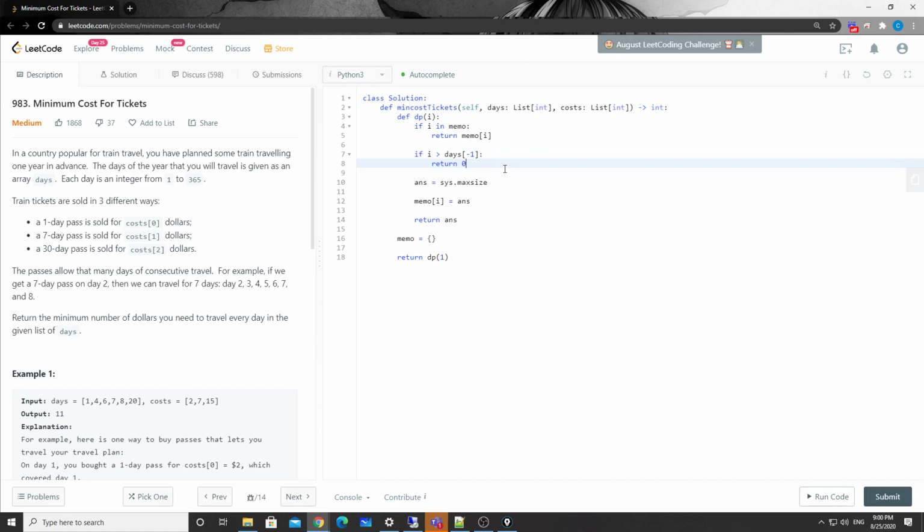And to check if the current number is in the days array here, it's always a good habit to convert the days list into a days set, so that we can greatly improve the performance.